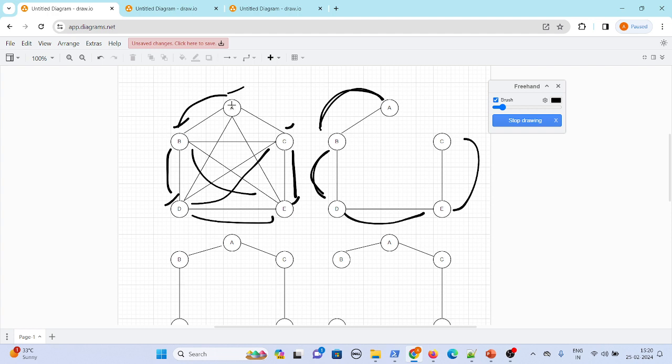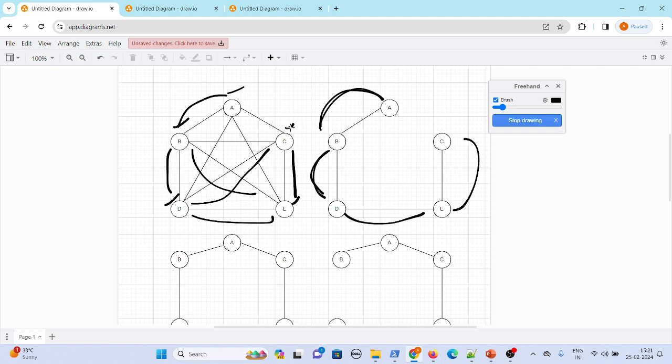From A, if I have direct edges to all other vertices, I have a direct edge to B, to C, to D, and to E. If I consider B, I have direct edges to A, D, C, and E. Likewise, it is the same. So from each and every vertex in a graph, you will have direct edges to all other vertices. That is called a complete graph.